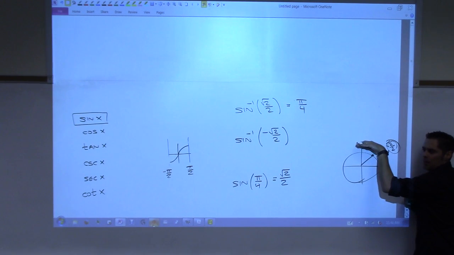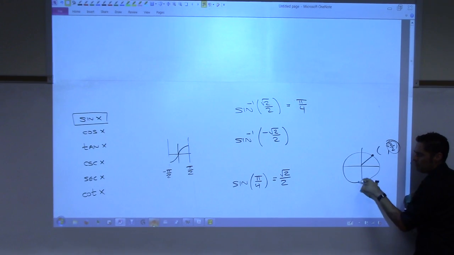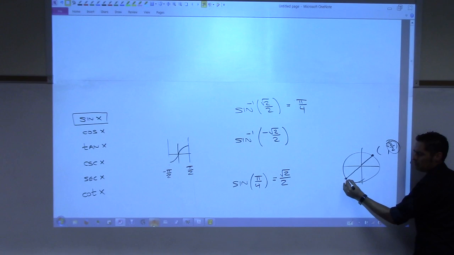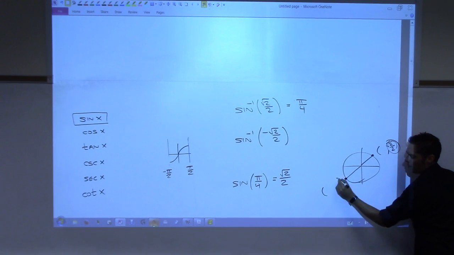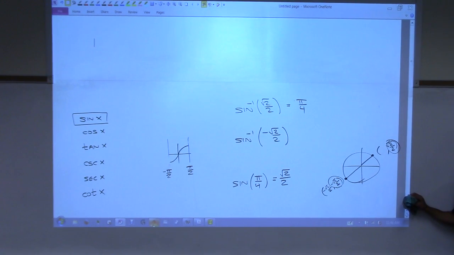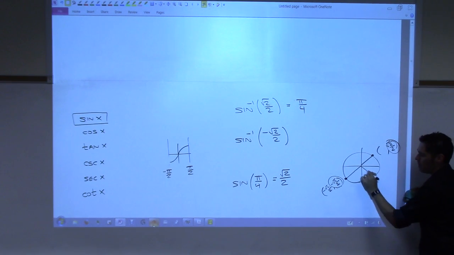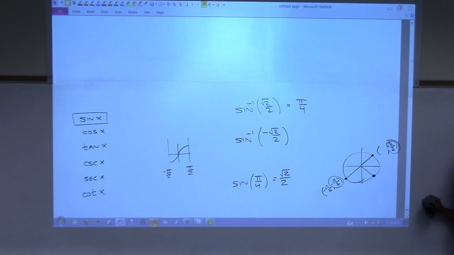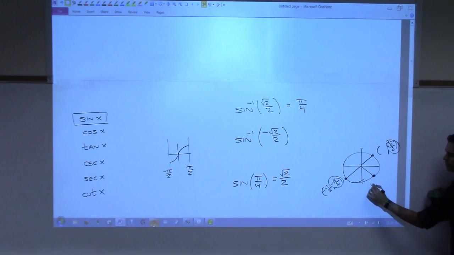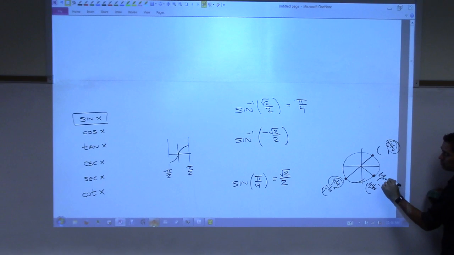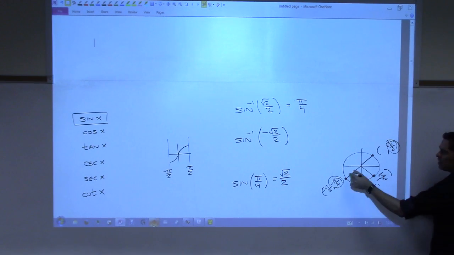Well, you can't be up here, right? Bottom? How about right there? That point right there is the point negative root 2 over 2, negative root 2 over 2. So there your y coordinate is negative. That's not the only place. It also happens here, doesn't it? This is root 2 over 2 is the x coordinate, y coordinate is negative root 2 over 2. So which of these answers is it?